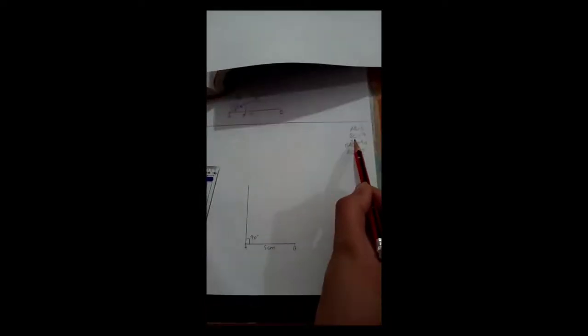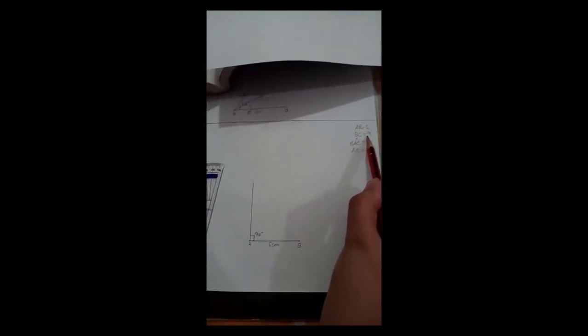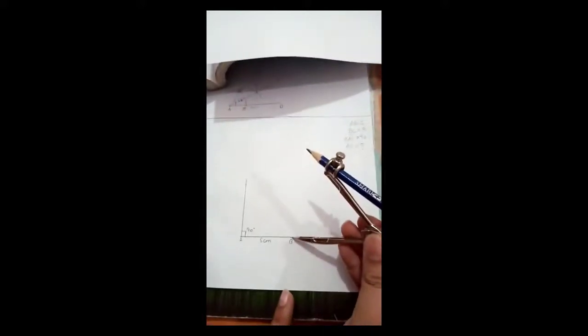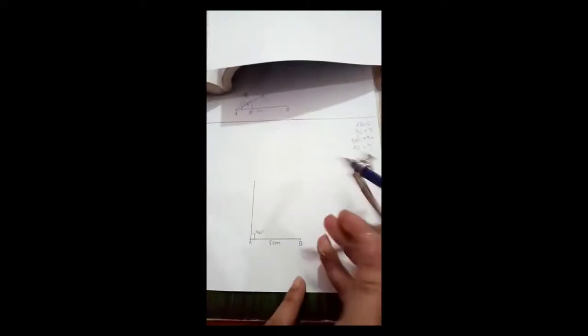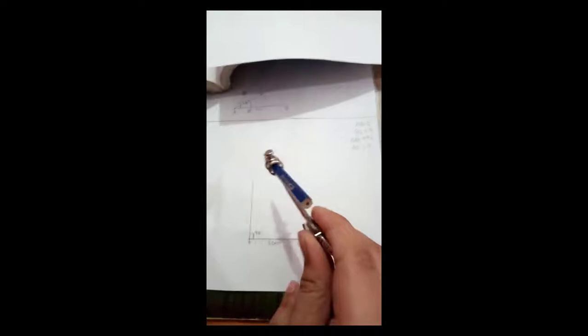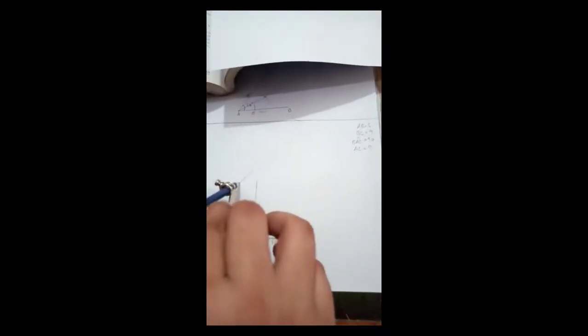Place your compass at the length of 9 centimeter and mark the arc for BC. I just open my compass, and this length is 9 centimeter. Take B as a center and mark an arc of length 9 centimeter.